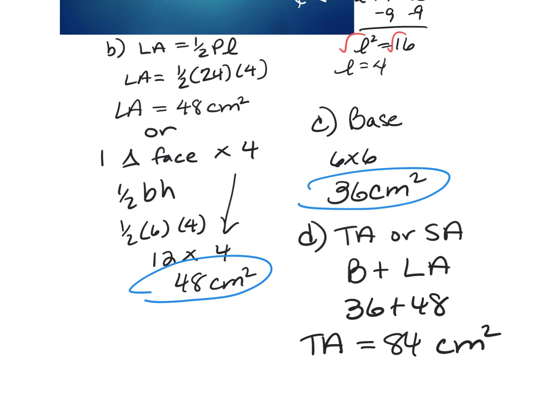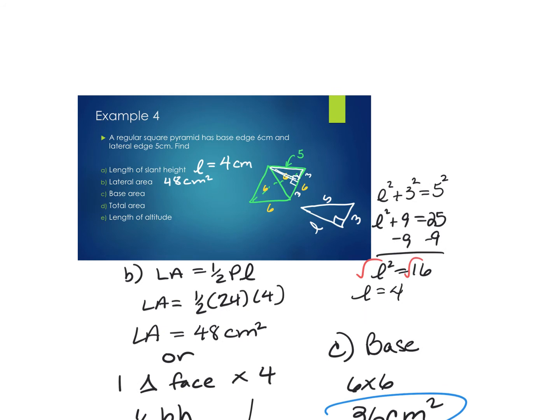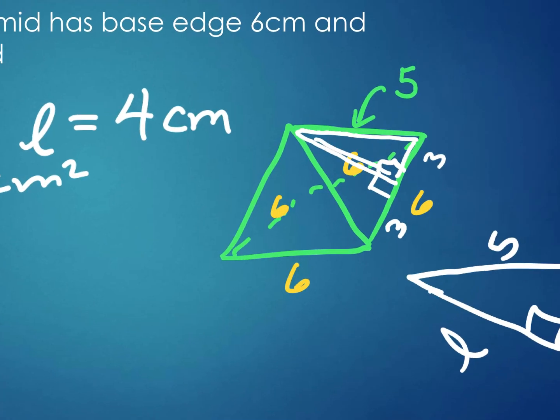Now, let's say they wanted us to also calculate volume of this pyramid. And that's why part E is asking us to find the length of the altitude. So remember, the altitude is going inside here. And let me get a different color. So the altitude is actually the height of the pyramid.